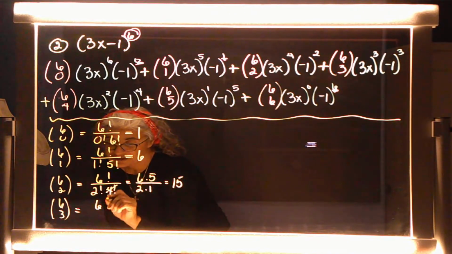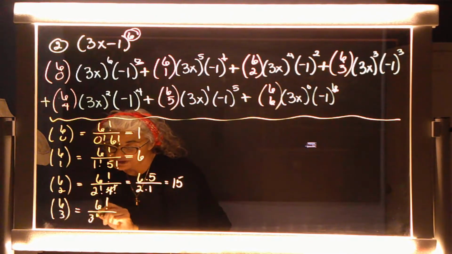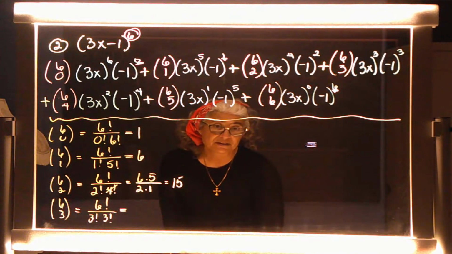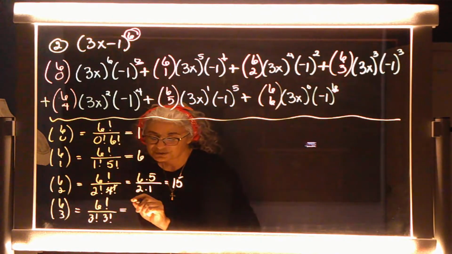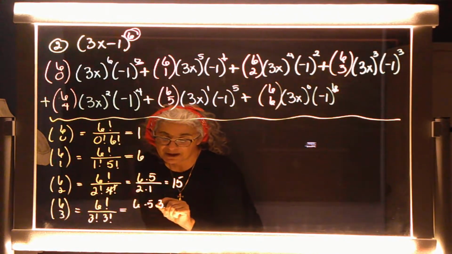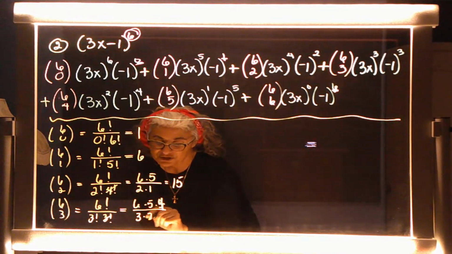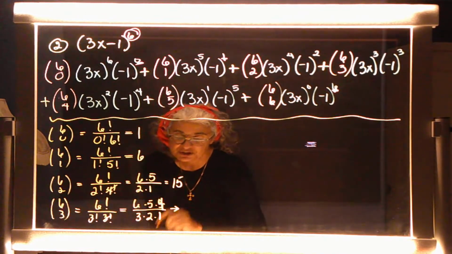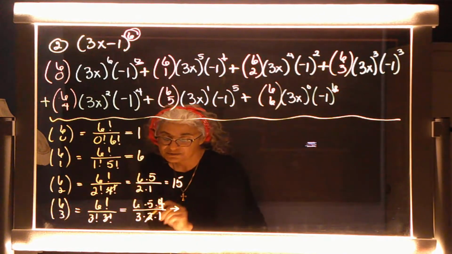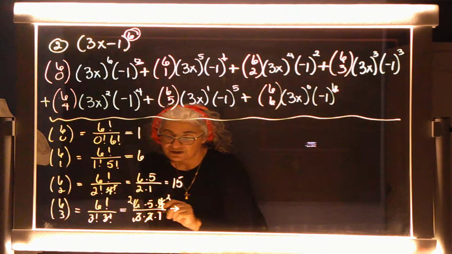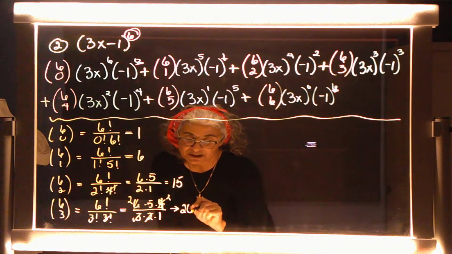Okay, 6 factorial over 3 factorial times 3 factorial. What's going to happen? Yeah, the 3 factorial will cancel out from the top and the bottom, and you're still left with a 3, 2, and 1 on the bottom, aren't you? Okay, so me, I like to cancel. So what do we get? We get 20 here.